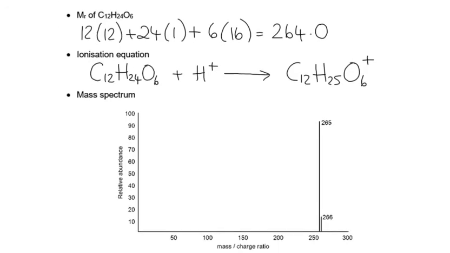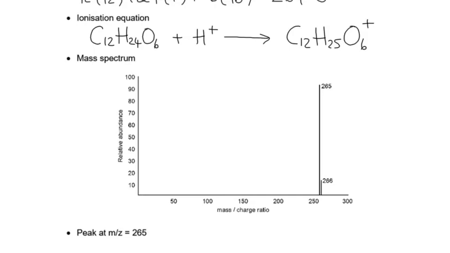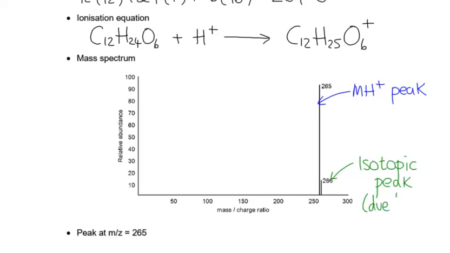So here's our mass spectrum. We've got 2 peaks. The peak at 265 is our MH plus peak, so that's our molecular ion plus solvent peak, and our peak at 266 is our isotopic peak due to those isotopes of carbon 13 or hydrogen with a mass number of 2.